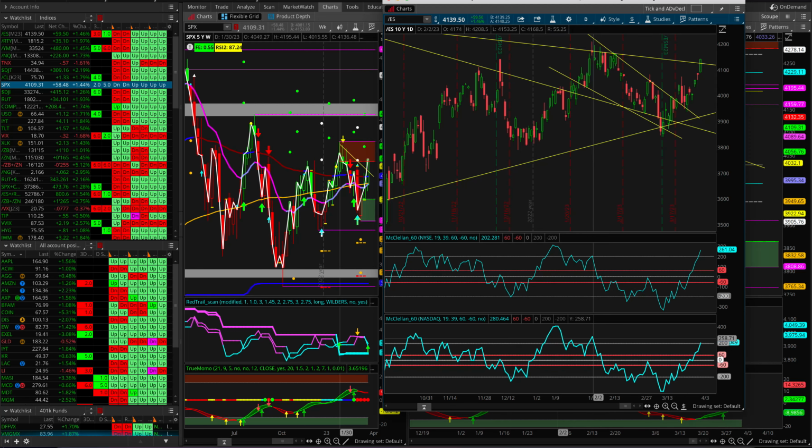Then we got a lower high on the McClellan oscillators, and this is a diagonal line that wasn't there at the time, but this marked I think the next pivot low, where that triangle was being formed.